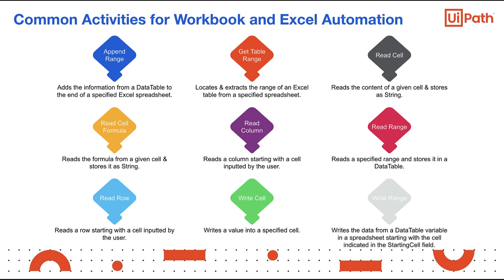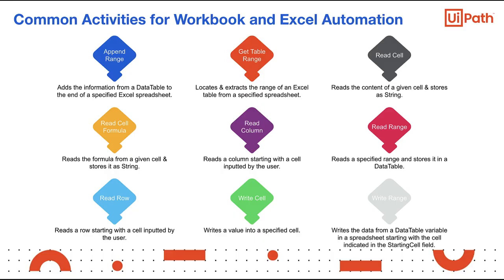And here are ways of how to write to a workbook. Write cell writes a value into a specified cell. If the cell contains data, the activity will overwrite it. If the sheet specified doesn't exist, it will be created.